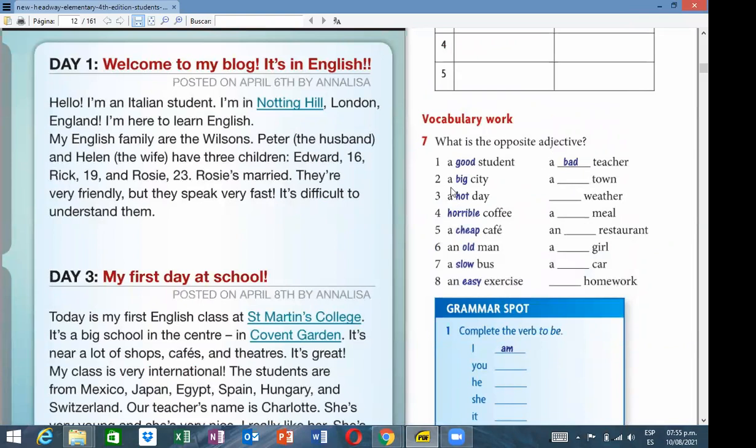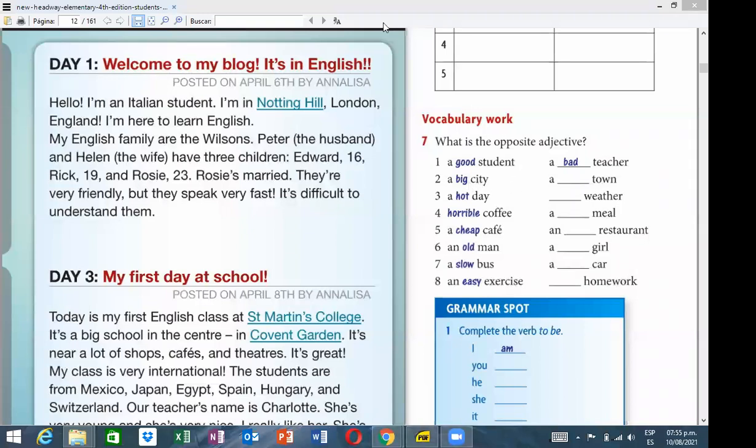Okay, in that case, for example, number 1, we have a good student. Okay, the adjective here is good, and the opposite bad, right? A bad teacher, for example, right? We have examples. The idea here is that you have to remember the adjectives. Okay, and in that case, opposite adjectives. For example, good, bad. The next, number 2, a big city.